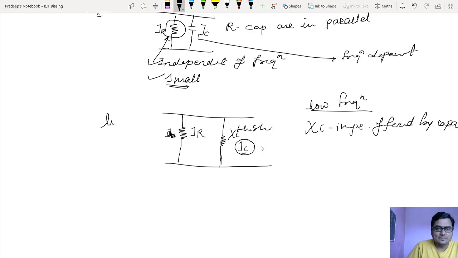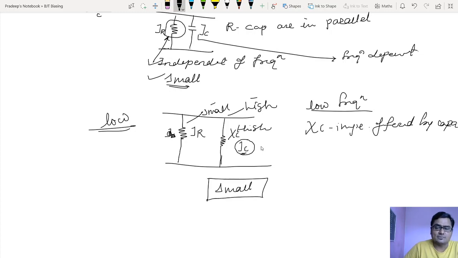Now at lower frequencies, what is the picture? The picture is a small value of resistance in parallel with a higher value of resistance. What our thumb rule says is that the equivalent resistance will be very small. When a small value of resistance is in parallel with a large value of resistance, the equivalent resistance is always a small value of resistance.